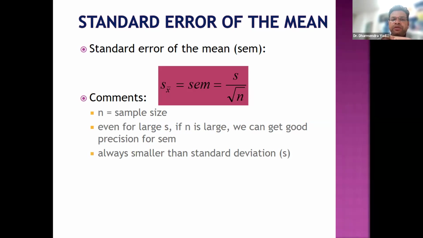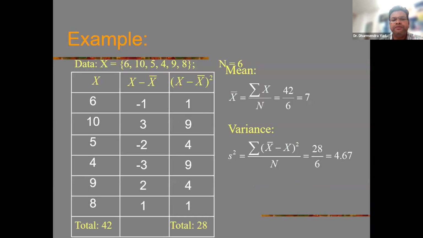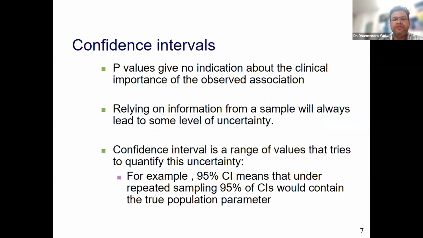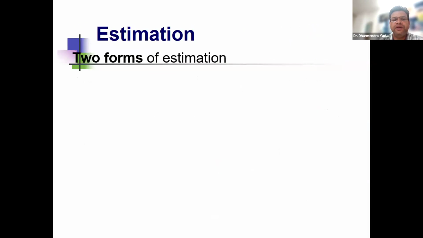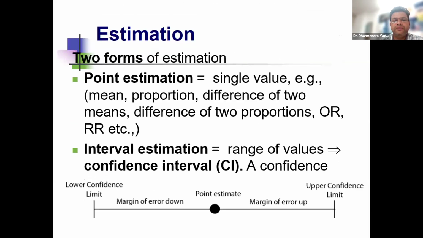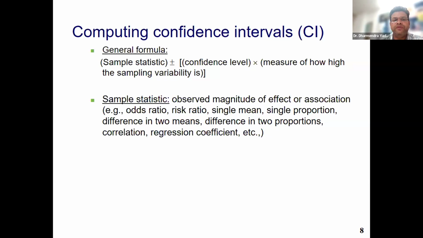Now we use this formula in the confidence interval, because the confidence interval formula is: sample statistic plus or minus confidence level times the measure of sampling variability.